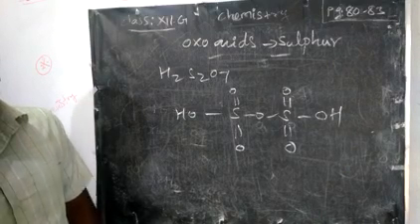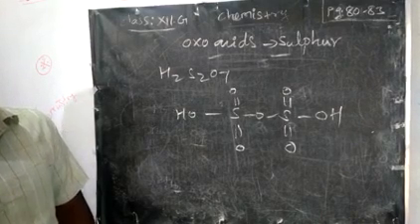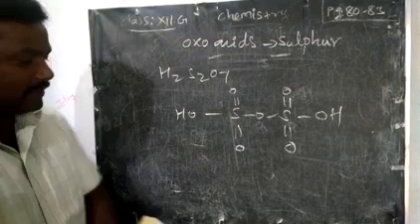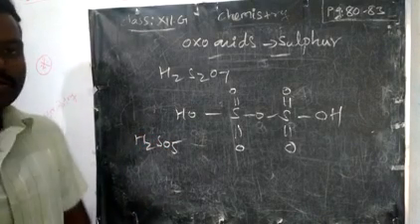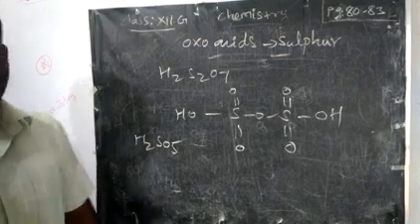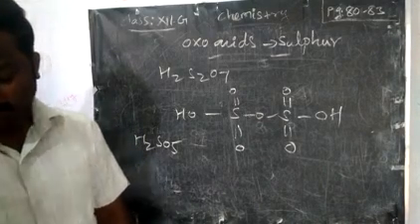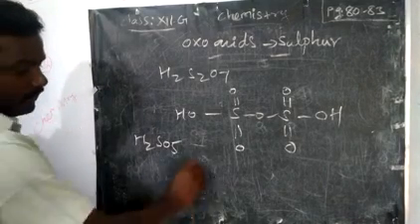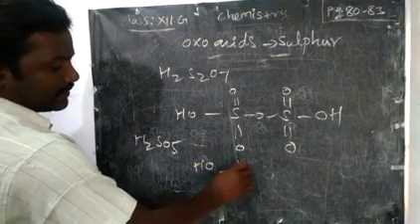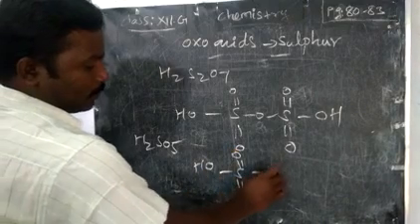Then peroxymonosulfuric acid, H2SO5. H2SO4 we know, only an excess oxygen is added. For H2SO4, how will you write? HO, S double bond O, OH.